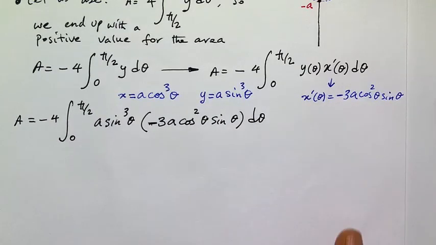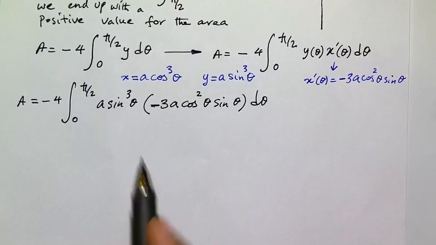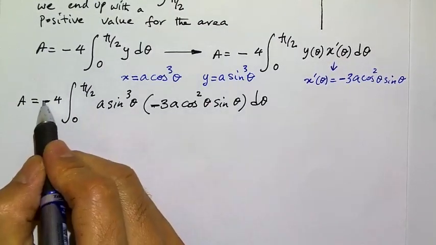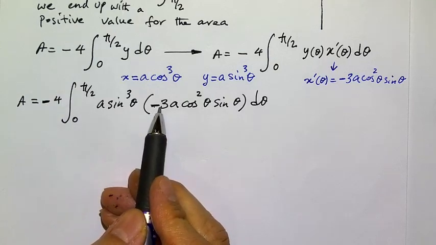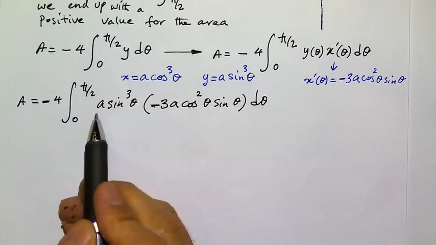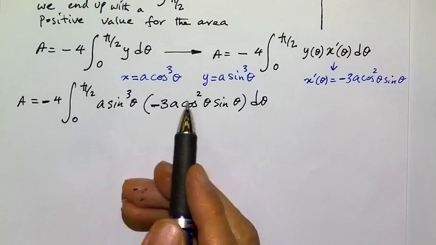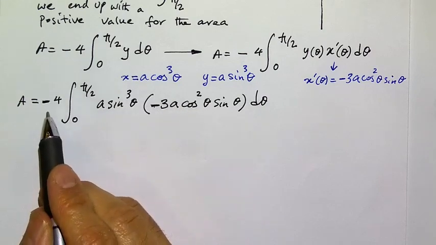All right, now the next step, we can certainly simplify this, right? We have a minus 4 in front, we have a minus 3 here, and an a here and an a here, and they're like constants, so we can pull them out and put them in front.